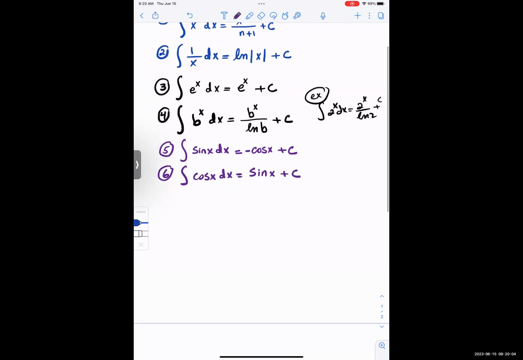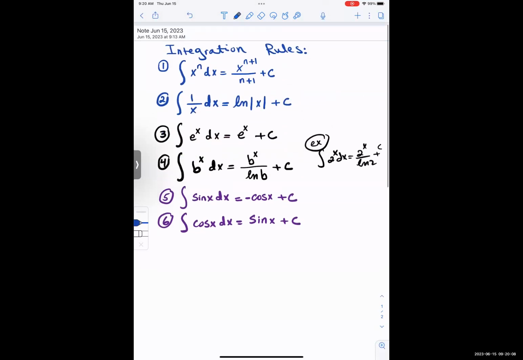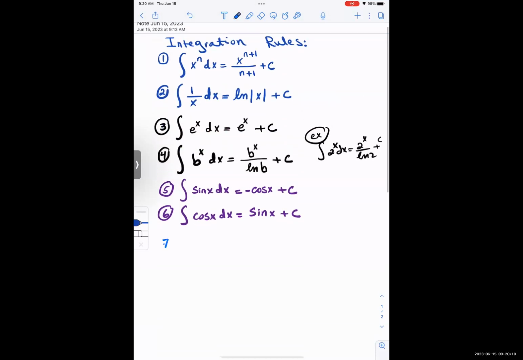So now let's go to number 7 and 8. I would say 1 through 6 you use very often. Then the next few are also useful, like number 7. Very useful. Secant square x dx. What is integral of secant square x dx?